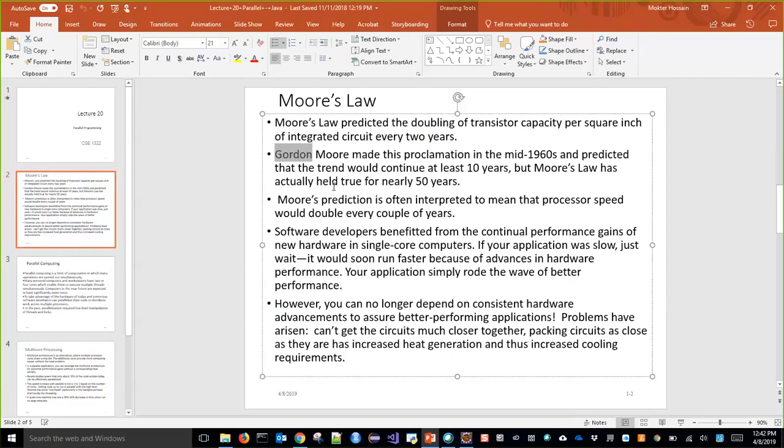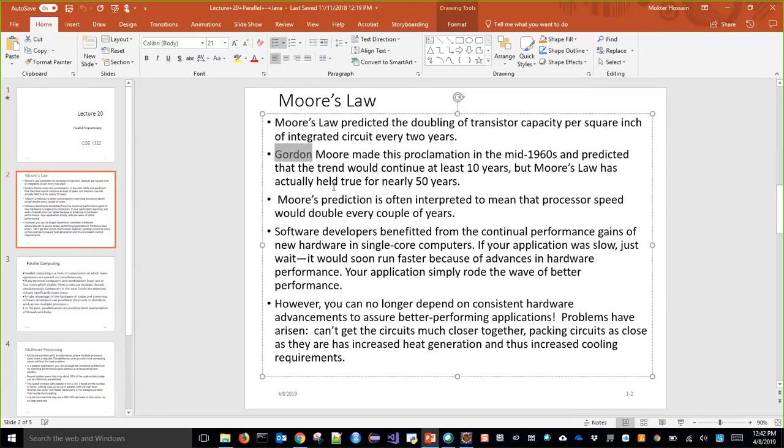The size is increasing, but the price is still almost the same, right? So that was the prediction that Gordon Moore made about 60 years ago.